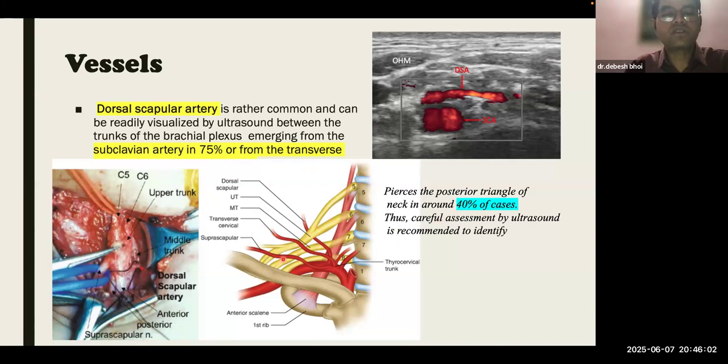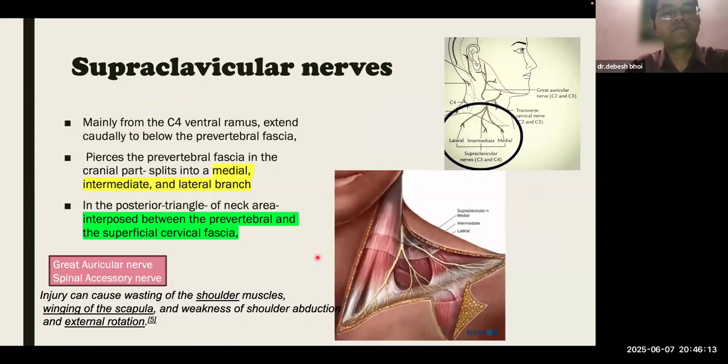So most of the time you encounter these vessels. Your needle should not enter this vessel, and undue complications can occur if you puncture it. So you must identify this artery if it is there.